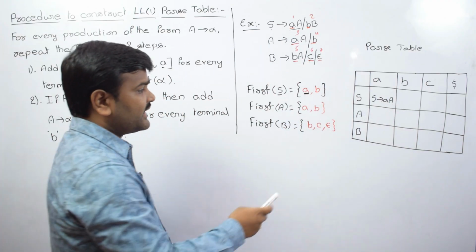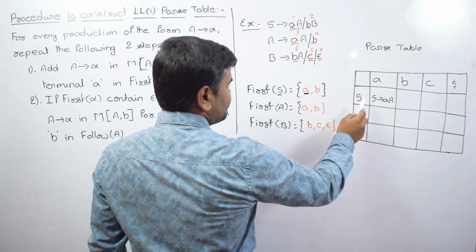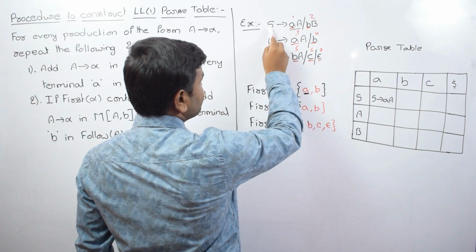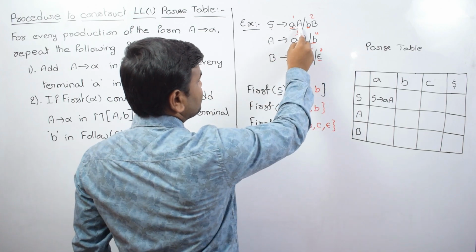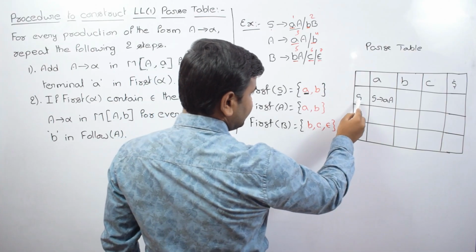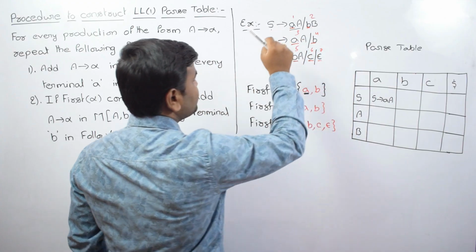Again, see how we are adding this. Non-terminal S is deriving small a capital A, so this is the alpha part. That means in the S row under terminal a column we add this production.